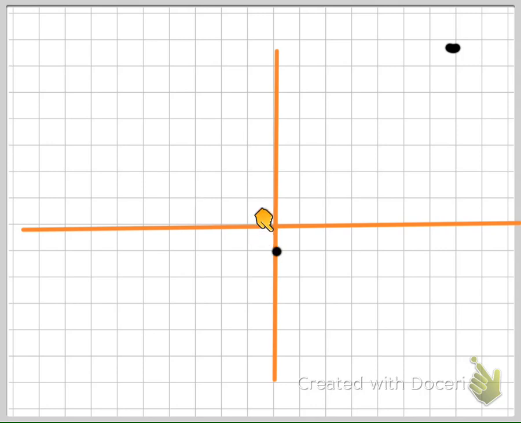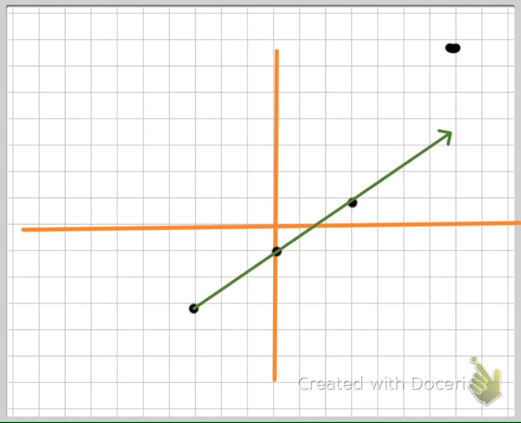Let's try that again. Up 2 and to the right 1, 2, 3. Or I could also go down 2 and to the left 1, 2, 3. It's going to be right here. The points aren't exact, but good enough.